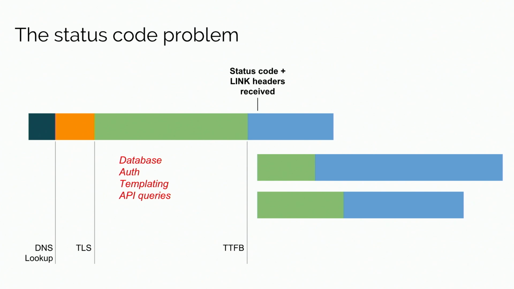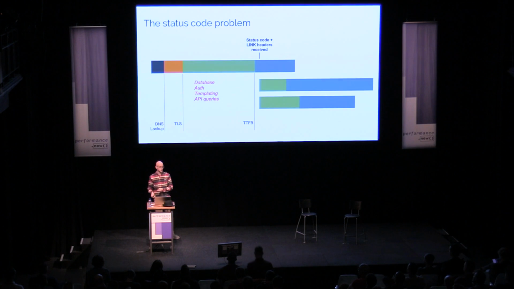And then once we start receiving the response, we can then kick into high gear and parallelize the loading of loads and loads of stuff. And that's where everyone is starting to optimize, like, what order do you load things in, and what's the loading priority, and all this kind of thing. But during this period, nothing is happening at all. We're just waiting for the server to respond to one single HTTP request.